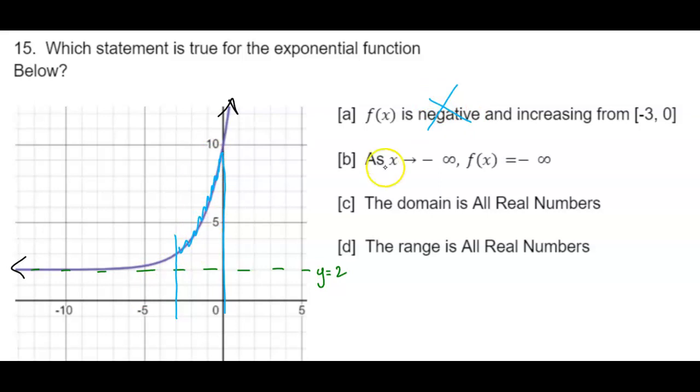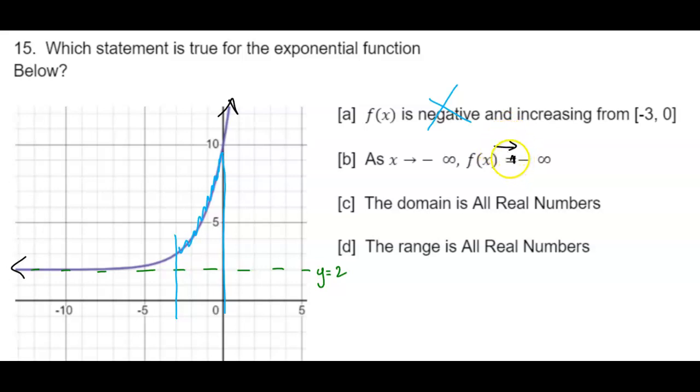The next statement says, as I approach negative infinity, as I go from right to left towards negative infinity, my y's are going down to negative infinity. Well, if I go to the left, my y's are going down, but they are not going to negative infinity because of that horizontal asymptote. I just caught this, the equal sign in f of x should really be an arrow.